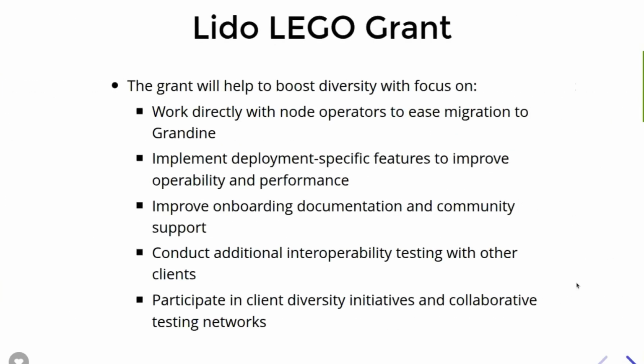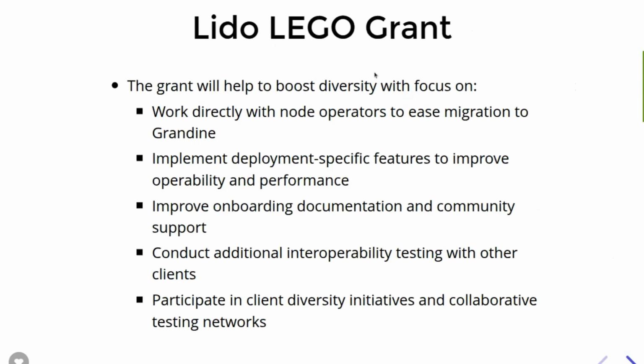Okay, so as Sven already introduced, we just received the Lido LEGO grant, where essentially the goal of the grant is to help boost the diversity of consensus layer clients.